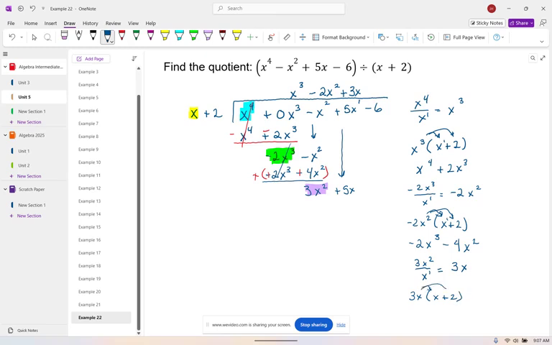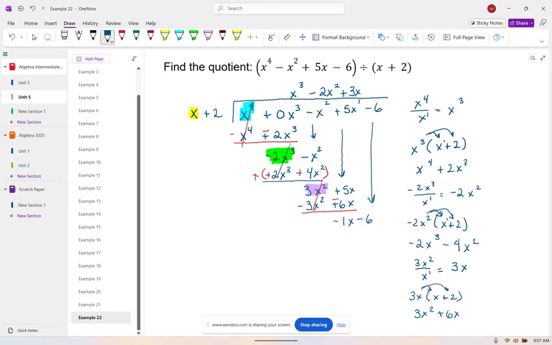We'll distribute that through. We have 3x squared plus 6x. We'll subtract that away. I know this is a little bit longer example, but you'll see why in just a second. That 3x squared minus 3x squared is going to cancel away. We have 5x minus 6x, which is negative 1x. We'll drop down the 6. So we have minus 6.